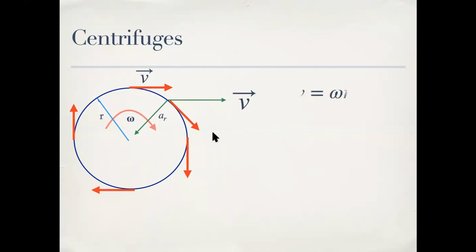All right. There is something which you must remember from high school: if the body moves around the circle with the constant frequency omega, then the value of the velocity is also constant, but not the direction. And the value is equal to omega times the radius of the circle.